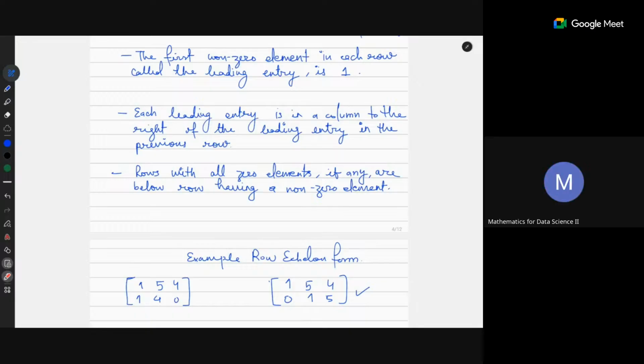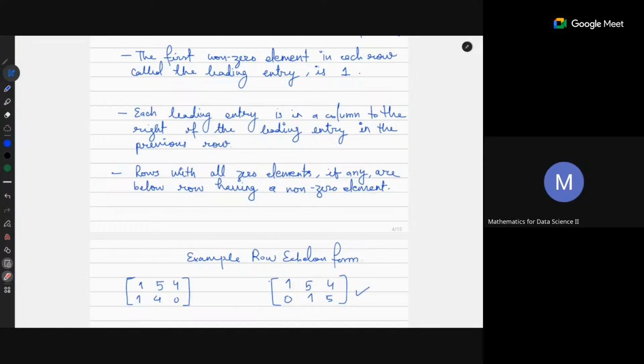Yes, Neel Chandra. Sir, if the first row of the matrix itself is 0 0 1, then according to the rules, is any next row possible? It is possible, but for the echelon form, that's the third point. Rows with all zero elements should be below every other row which has non-zero elements.